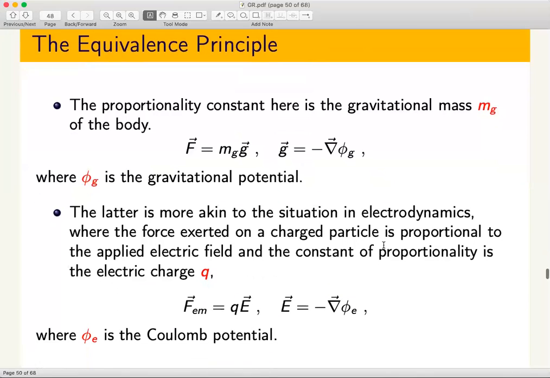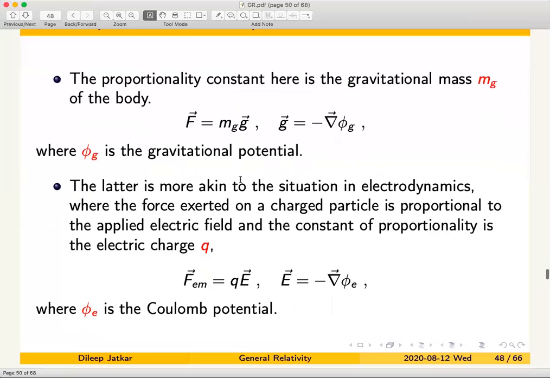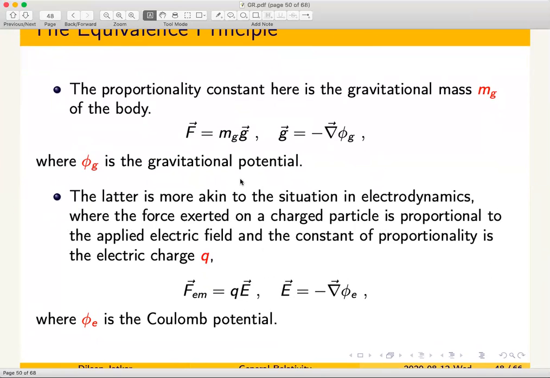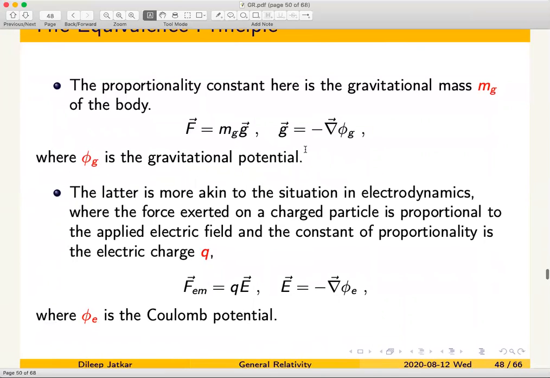So here's the equation: F electromagnetic is Q times the electric field, and the electric field is of course minus the gradient of the Coulomb potential, which I call phi E. By this analogy, you could think of mg as the gravitational charge of the system, whereas g itself is producing a gravitational field in some sense.